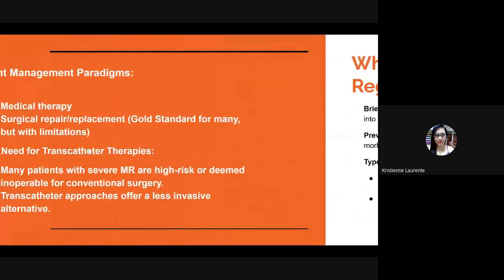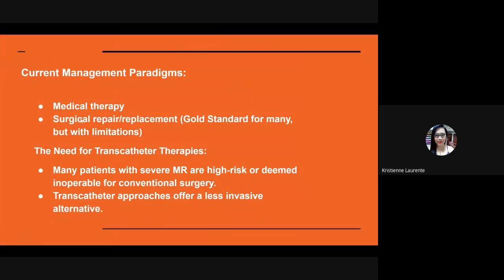So the current management is medical therapy, surgical repair, or replacement, which was the gold standard before but with a lot of limitations as well. Like I said earlier, the elderly, frail, highly comorbid patients who might be inoperable, those patients who are really inoperable due to surgical risk profile.